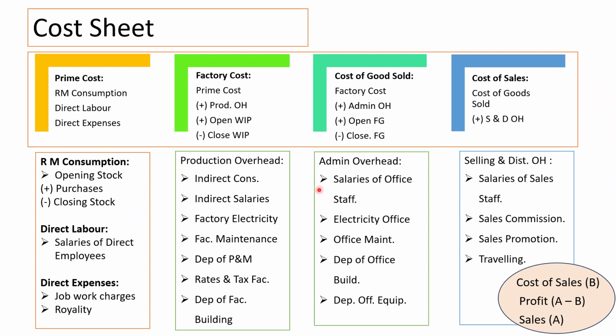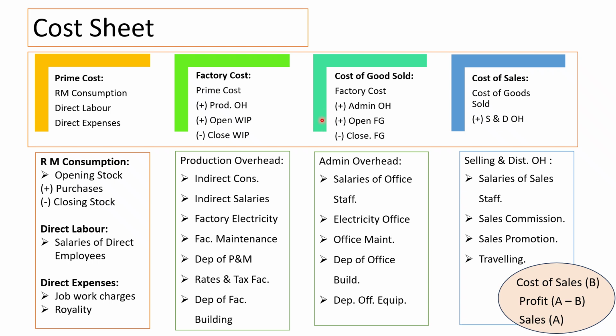Salaries of office staff, electricity of office, maintenance of office, depreciation of office building, depreciation of the office equipments. These are all administrative overhead expenses. To the factory cost, if we add administrative overheads, you will get cost of production.